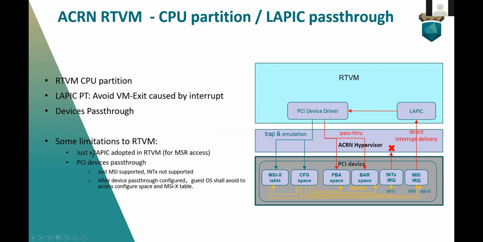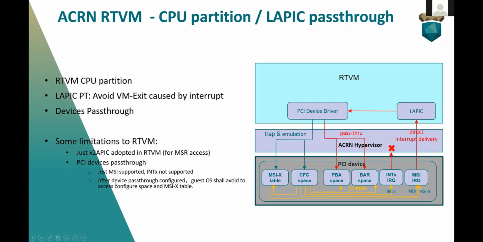The first one is that under this scenario, just x2APIC is adopted in RTVM, because the CPU can access the MSR directly. It doesn't need to access the APIC MMIO space, which could cause a VM exit. For PCI devices pass-through, we just support MSI. Legacy interrupt is not supported.